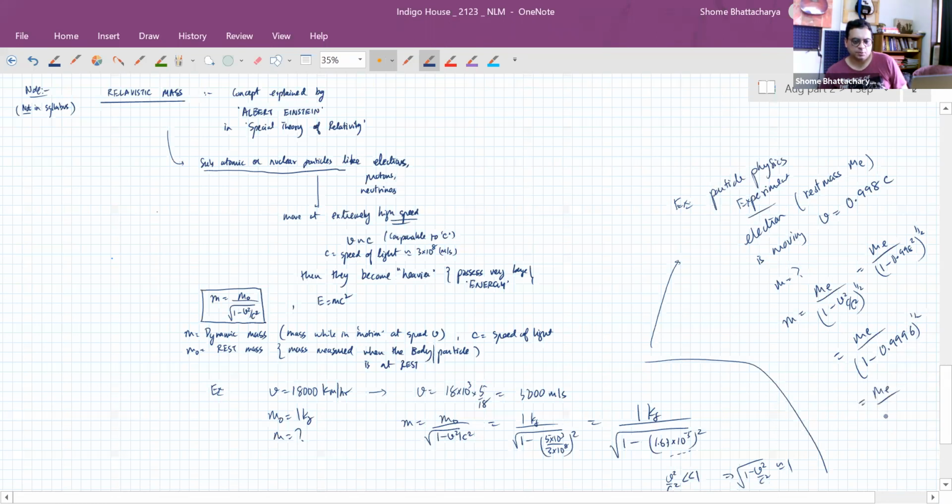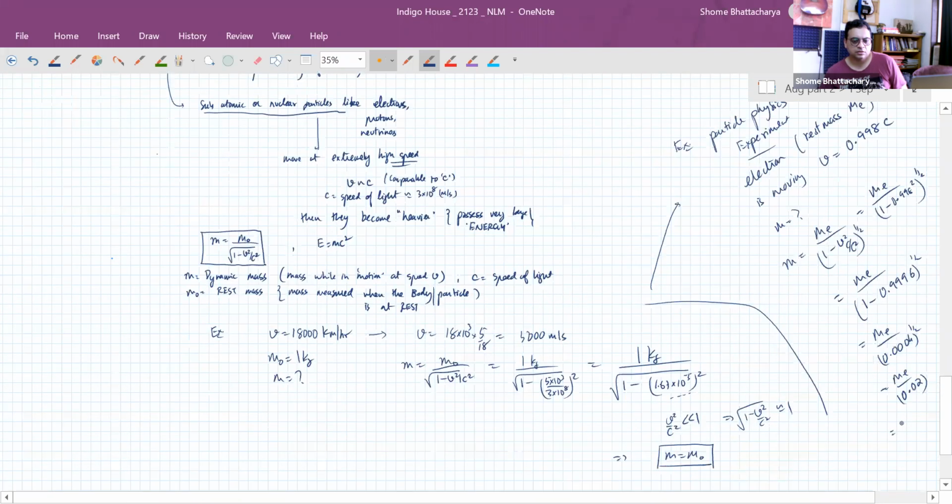So this is ME upon 0.0004 to the power half. Okay. So it's ME upon 0.02, correct? So you can see 0.02 is how much? It is 2 by 100 now. So it's 50 times ME.